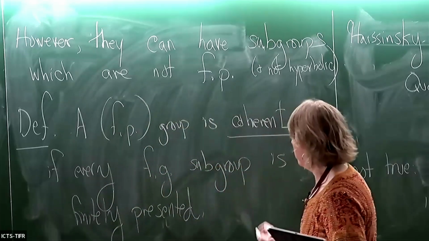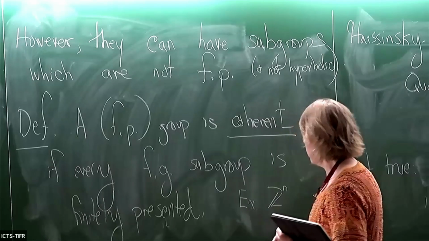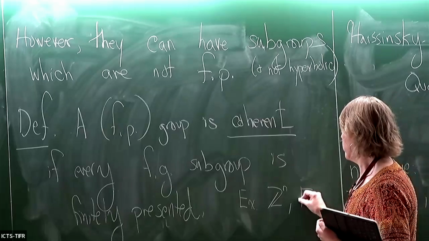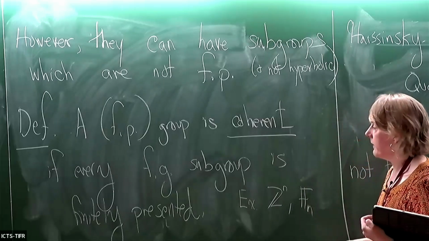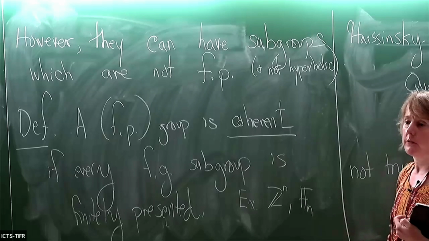Some examples of these include Z to the n, and free groups. In a free group, every finitely generated subgroup is actually free, so that's nice.